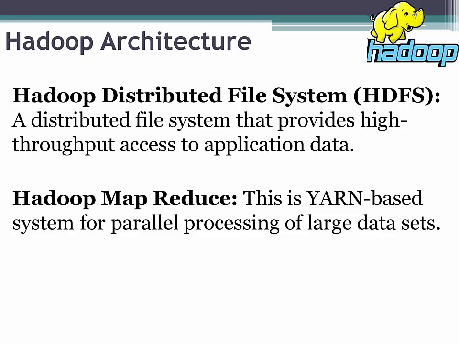HDFS is based on the Google File System, GFS, and provides a distributed file system that is designed to run on large clusters, thousands of computers, of small computer machines in a reliable, fault-tolerant manner. HDFS uses a master-slave architecture where the master consists of a single name node that manages the file system metadata and one or more slave data nodes that store the actual data.